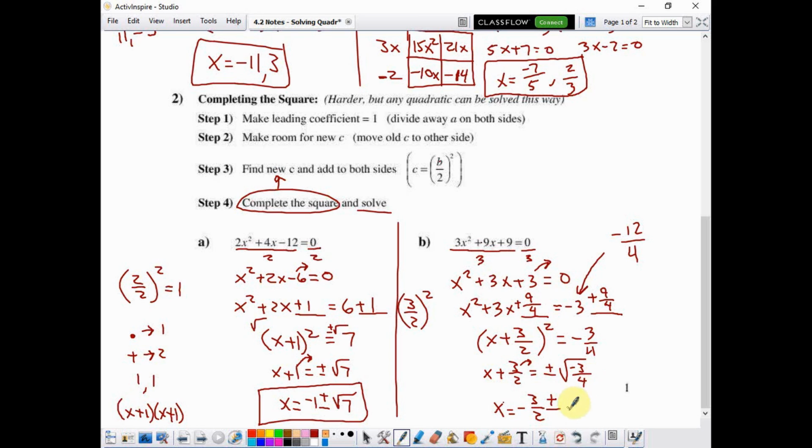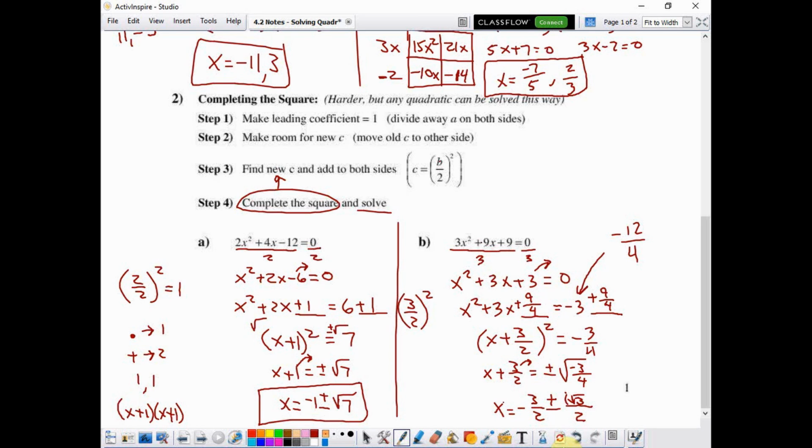The square root of 4 is 2, so it's going to be over 2. The square root of negative 1 is i, so I'm going to have an i here. And the square root of 3 is an irrational number, so I'm just going to leave it as the square root of 3. So my final answer is negative 3 halves plus or minus i times the square root of 3 over 2.